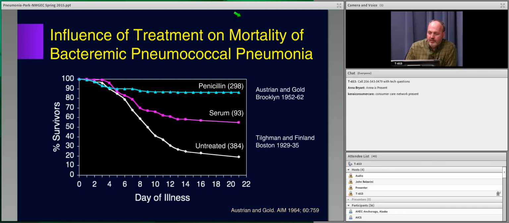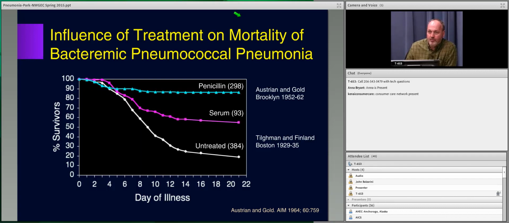So Tillett in Finland provided the untreated patient data and the serum-treated patient data. And this is with bacteremic pneumococcal pneumonia. You'd culture the blood, identify Strep pneumoniae, inject it in mice, and then type the bugs to see what type their polysaccharide capsule was made of.